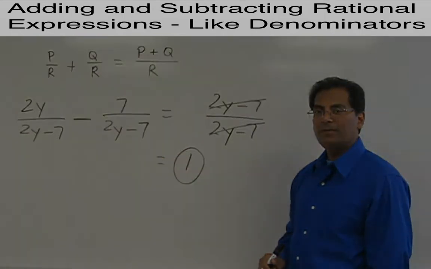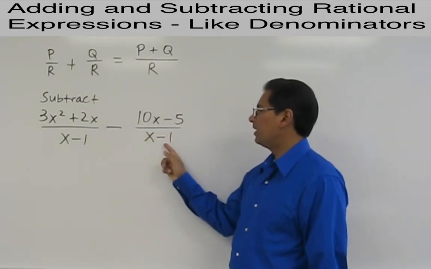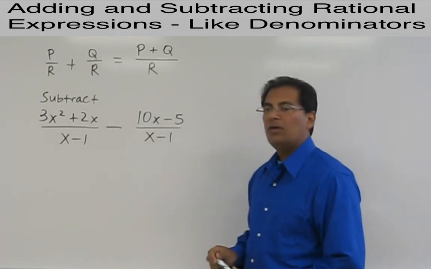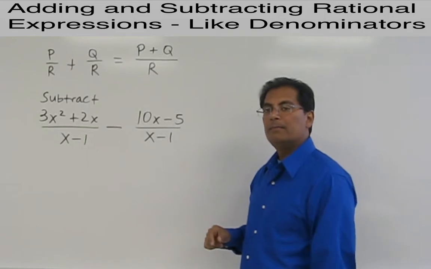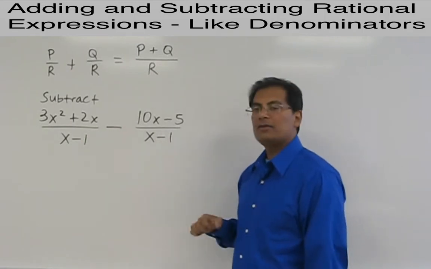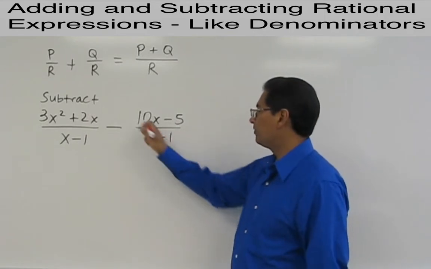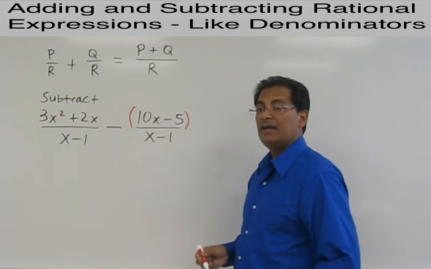We'll do another example. In this problem, we're asked to subtract 10x minus 5 over x minus 1 from 3x squared plus 2x over x minus 1. We notice the denominators are the same, and so we can just subtract the tops. Now be careful, the second portion of the top has to go in parentheses because you're subtracting the entire thing.